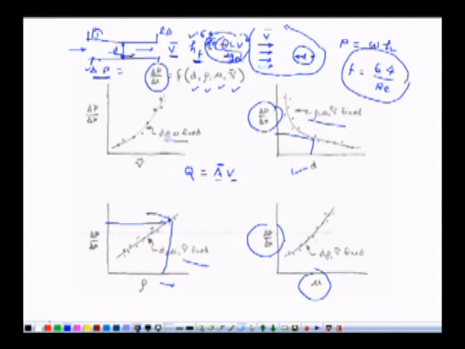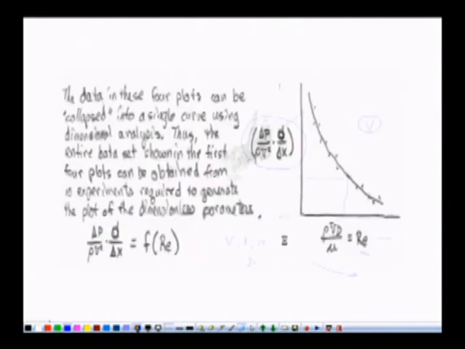Now, instead of doing it in this manner, we merge these independent variables involved in the physical phenomenon. What are the independent variables? Del P, del X, d, rho, mu, v. If we merge them into independent dimensionless numbers, which are like this, del P over rho V square d over delta x is a function of the Reynolds number, right.